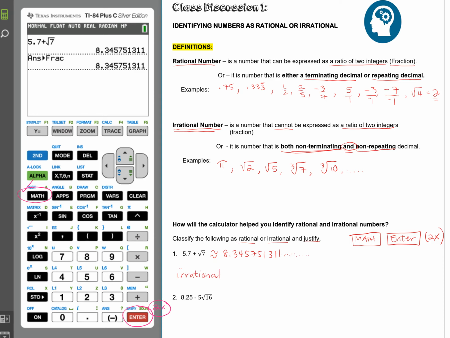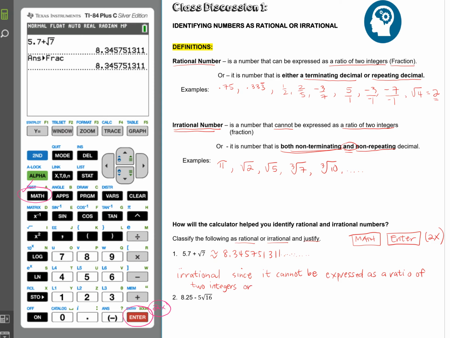Now justify your answers. I can say that this is irrational since it cannot be expressed as a ratio of 2 integers.